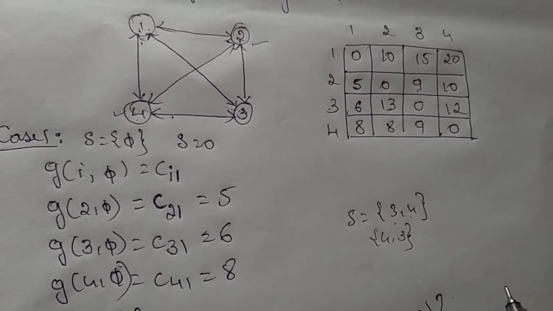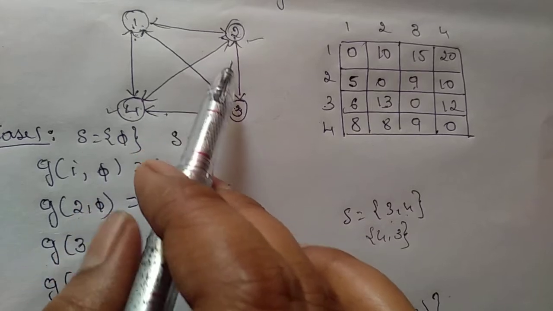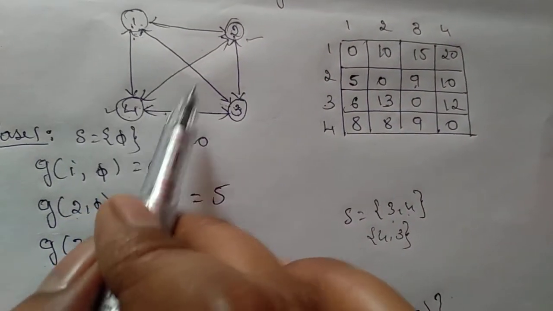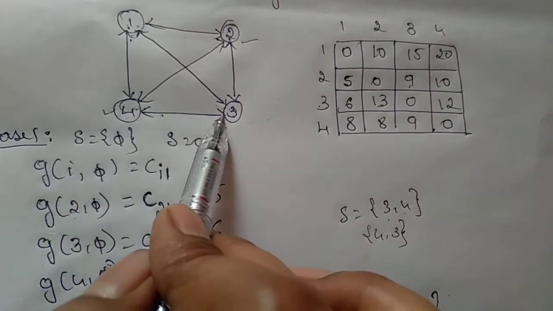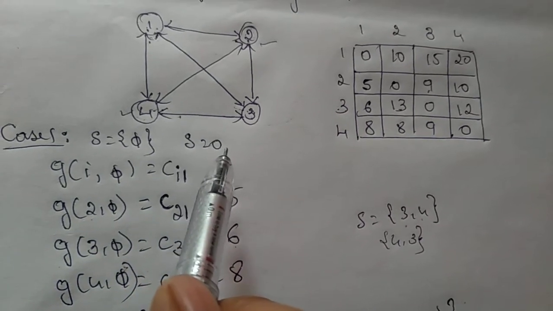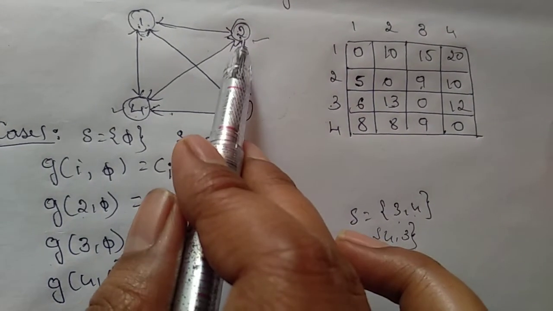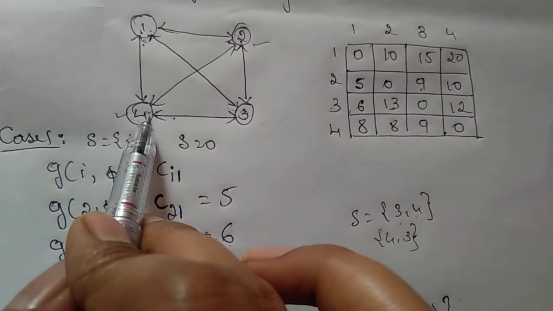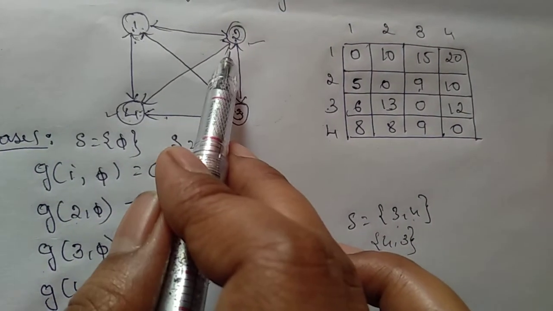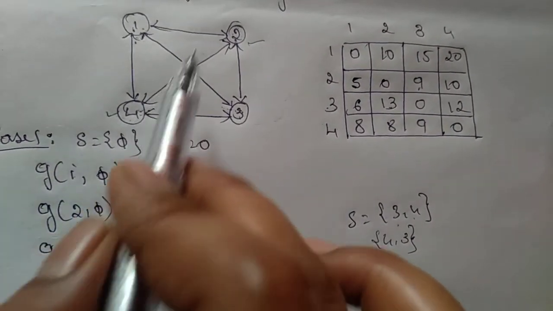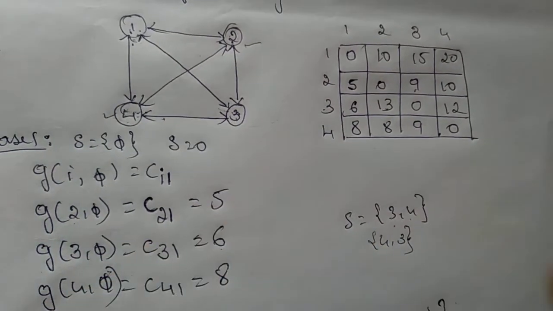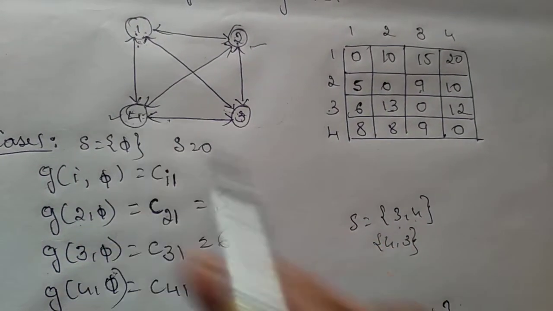Like this we have to consider. Means from 2 first it can go to 3 then to 4, or from 2 it can go to 4 then to 3. Are you getting? Yes, here we are considering only one, either to 3 or either to 4. But here from 2, 3 to 4 or from 2 to 4 to 3. Both the vertices we have to consider.